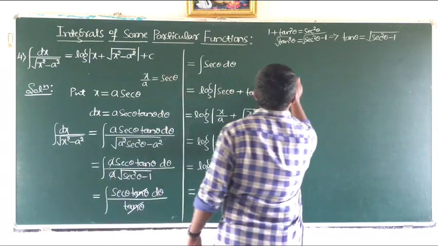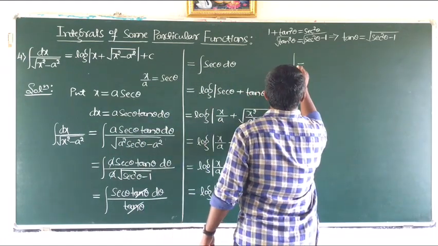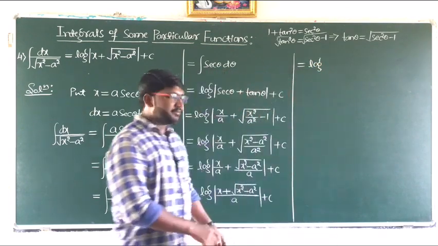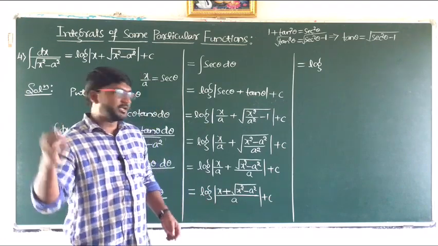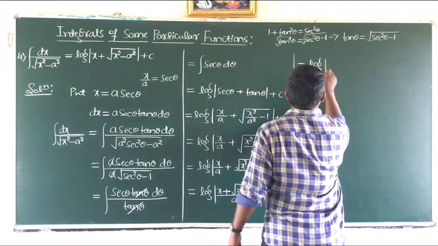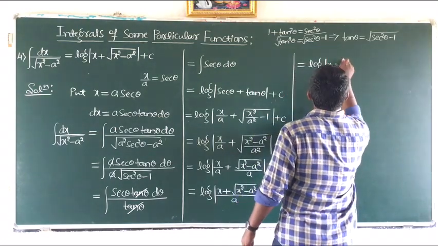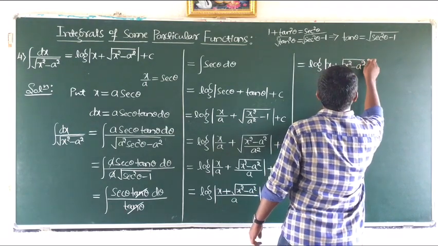So now in the next step, which is equal to log, it is in the form of log x by y. What is log x by y? Log x minus log y. So log x will be x plus under root x square minus a square.